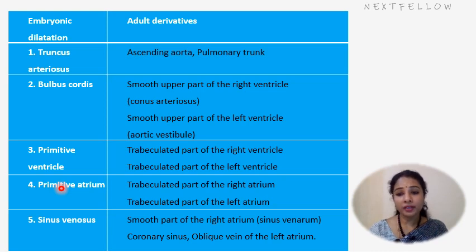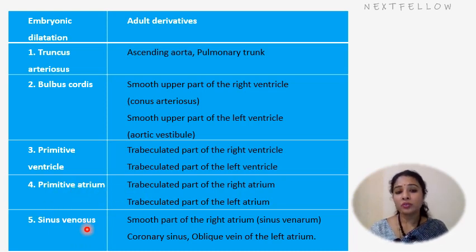Then the primitive atrium is also rough in texture, which forms the trabeculated part of the right atrium and left atrium as well, mainly appreciated in the auricles of the right and left atria, and also the musculi pectinati of the anterior part of the right atrium are from the primitive atrium.